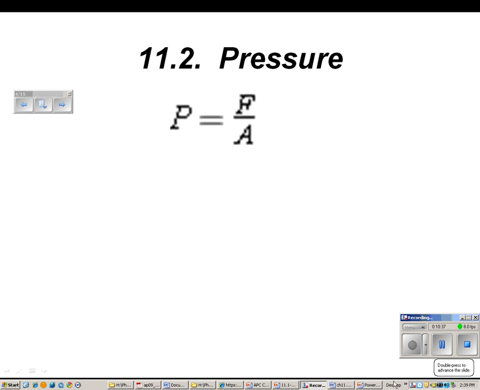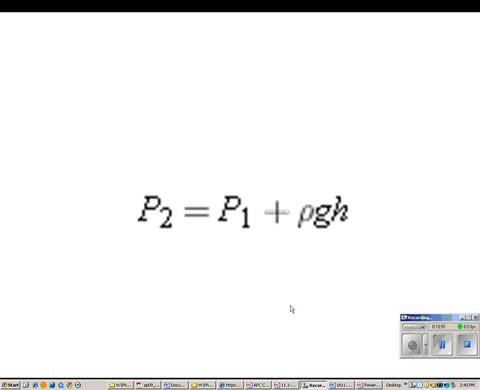So the two ways we've learned in this lecture that we can calculate pressure are, first, by the force acting on an object divided by the area over which that force is being applied. And the second way is finding the pressure due to a fluid, where pressure P2 equals the pressure P1 plus rho gh.